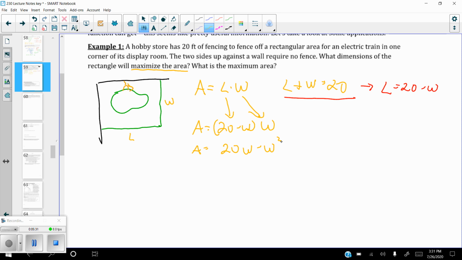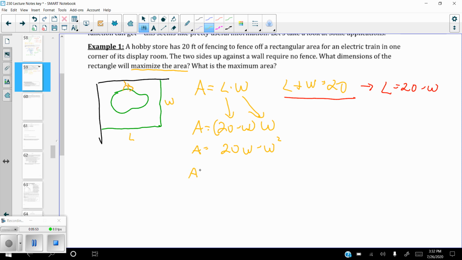Now I can go ahead and take a derivative. I'm going to take a derivative because we are trying to find the max or the min of something. We're trying to maximize the area, so we need to find the derivative so that we can find the critical values. Once we find the critical values, we can test the critical values and the endpoints to find the absolute maximum. So let's go ahead and do that.